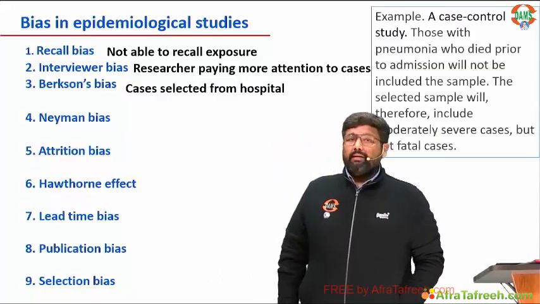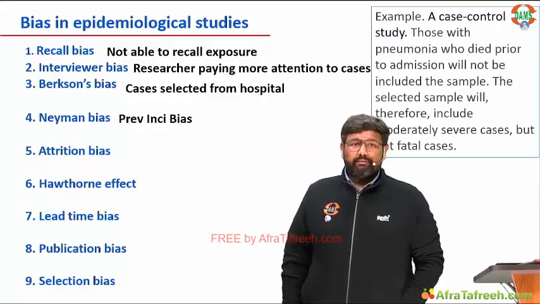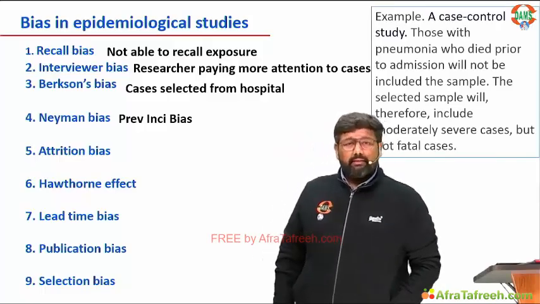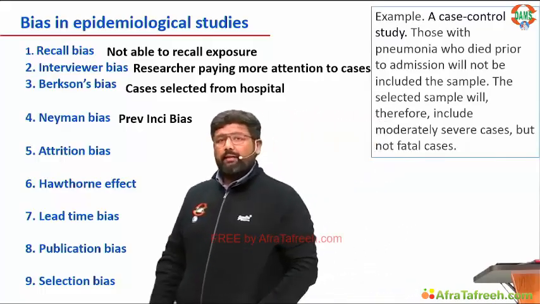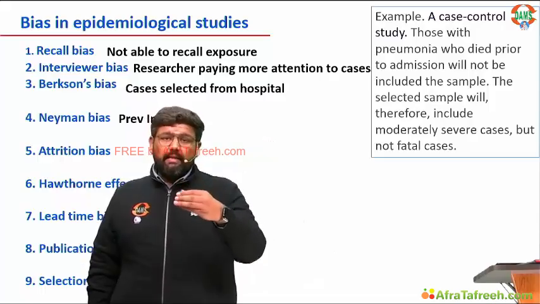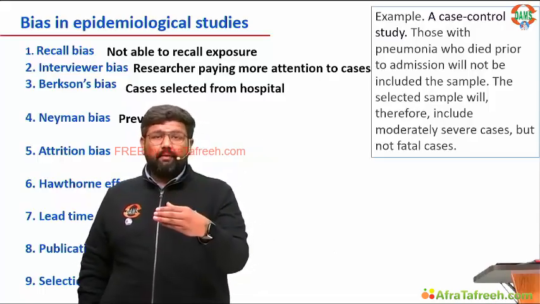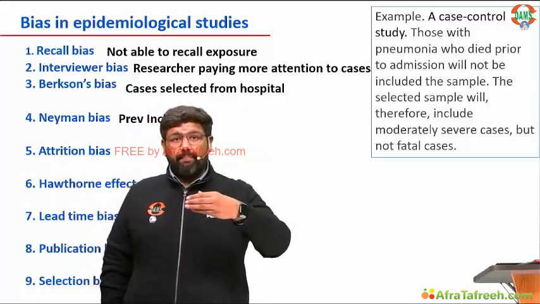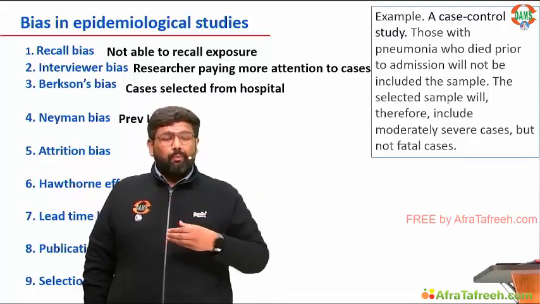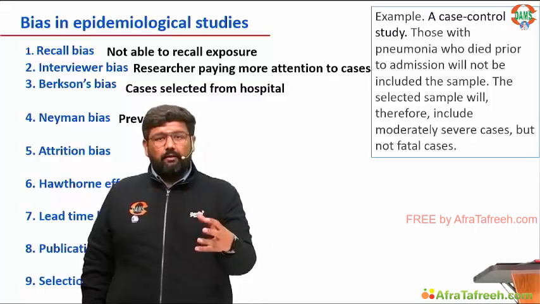Now, Neyman bias. Neyman bias is prevalence incidence bias. Suppose I want to do a study and the disease is very deadly, for example rabies. I want to do a detailed study on patients with rabies.